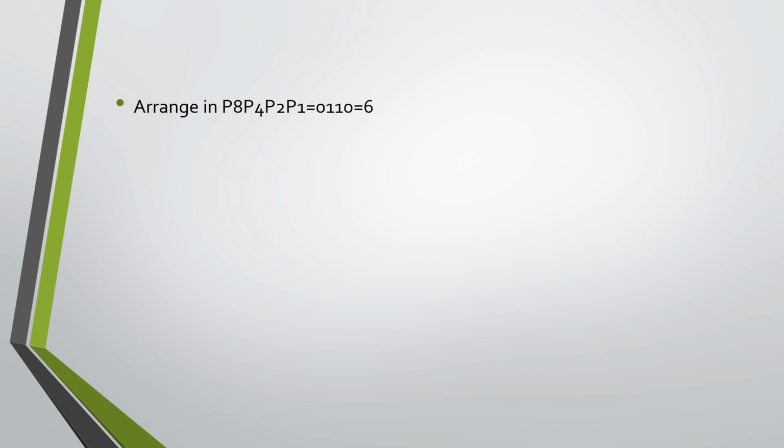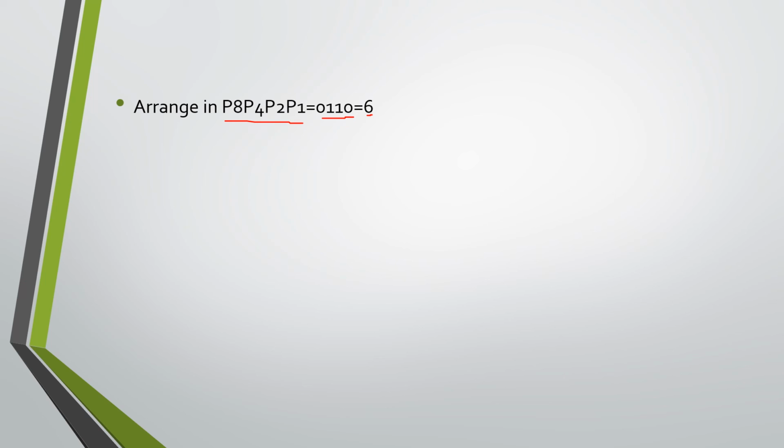In that way, when we find the values of P8, P4, P2 and P1, arrange them in that format. The value of P8 is no change, meaning 0, P4 changed, hence 1, P2 changed, hence 1, P1 no change, 0. When we convert this binary data into decimal, we get the value 6.